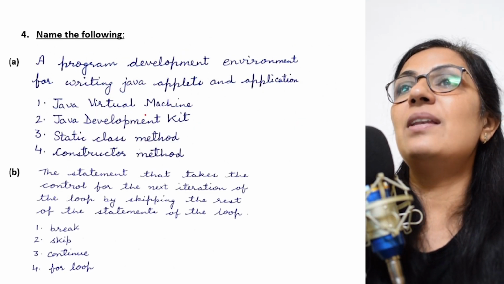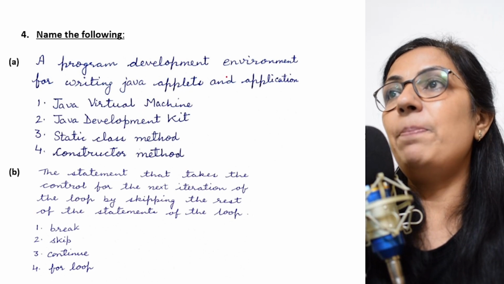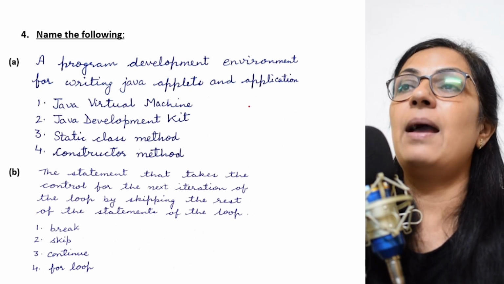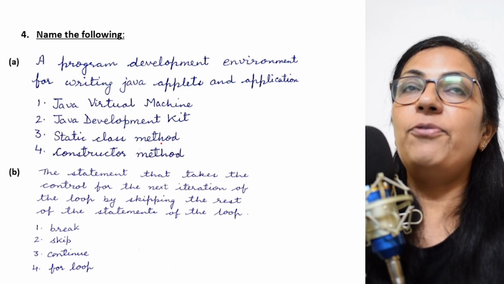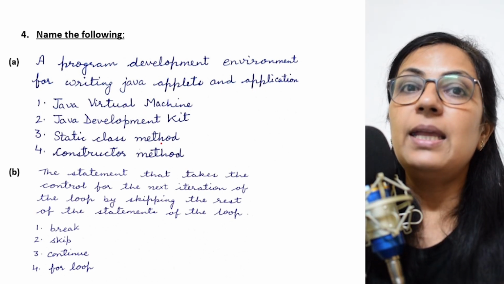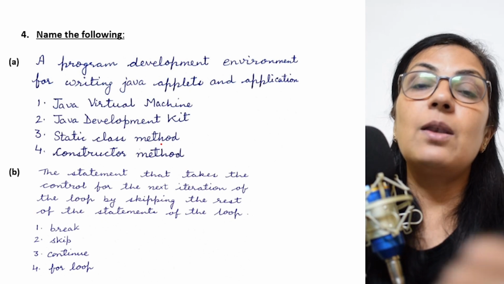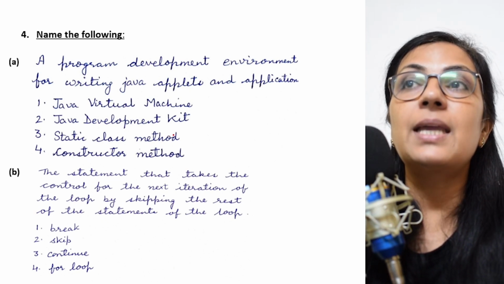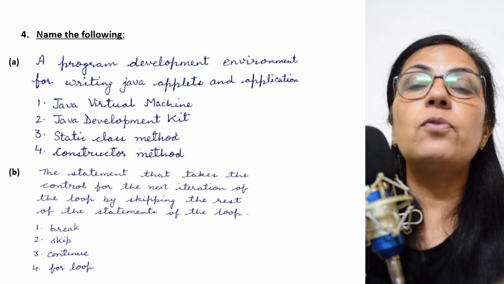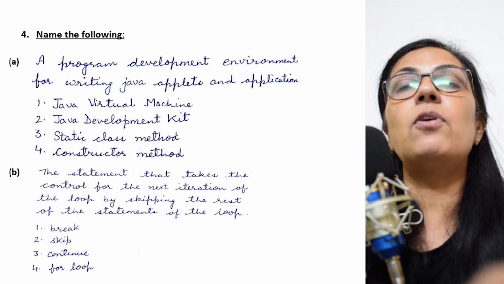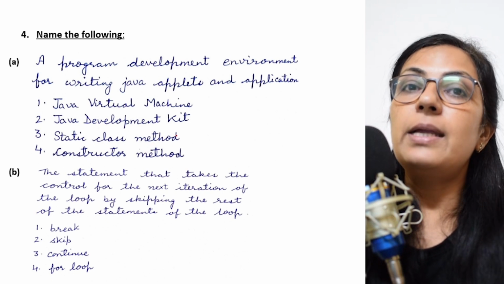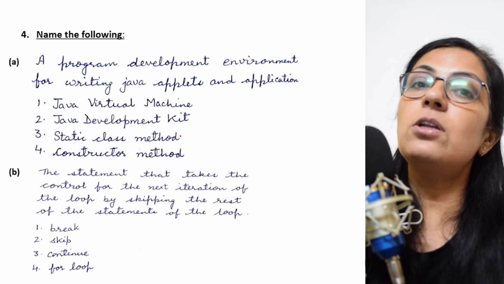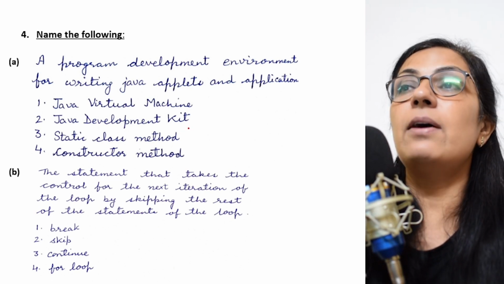The next question is, a program development environment for writing Java applets and applications. All of you know JDK, we always say JDK. Now what is this JDK? JDK is the Java Development Kit, which is used for creating the environment for writing your Java programs, whether you are writing standalone applications or Java applets.